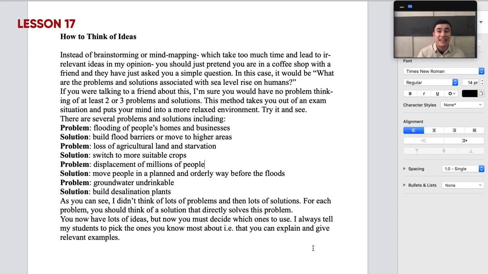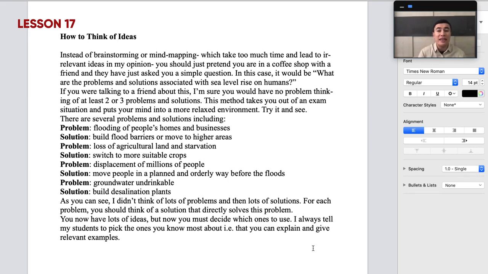But you should understand that these strategies may take too much time and lead to irrelevant ideas. So it's always better if you just pretend that you are in a coffee shop with a friend and they have just asked you a simple question. In this case, it would be, what are the problems and solutions associated with sea level rise on humans?